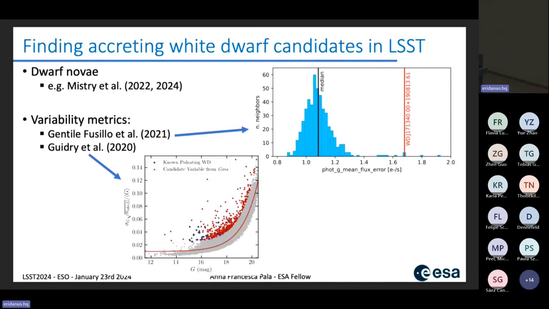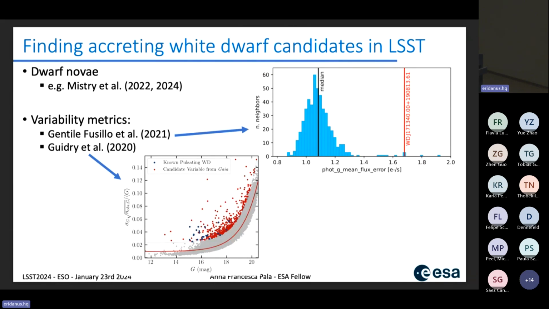So the idea behind this metric is that you take the photometry and you look at the uncertainties after you average over several visits. Single white dwarfs shouldn't be variable. So the uncertainties on their magnitude should be small. So if you compare the magnitude of an object with that of a nearby object with comparable magnitude, and you find something with a large uncertainty, this is a clue of variability.